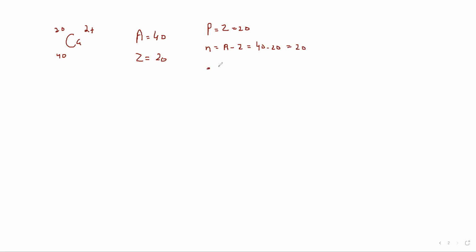And electrons is Z minus the charge on the atom. So Z is 20 here, minus the charge, which is 2 plus, or 2. So 20 minus 2 is equal to 18. So it has 18 electrons. Is this example clear?